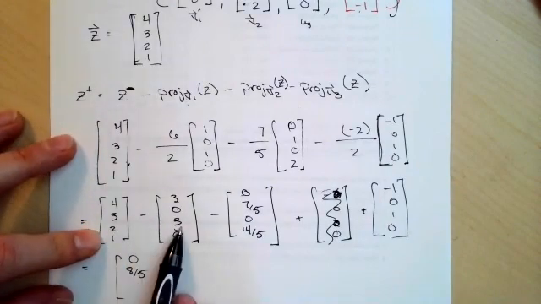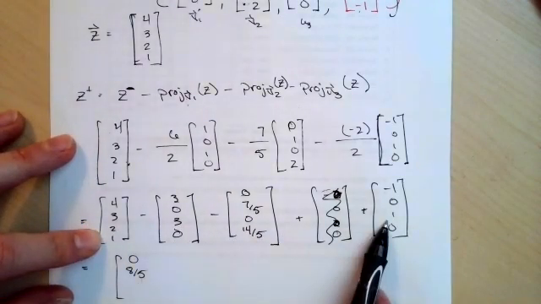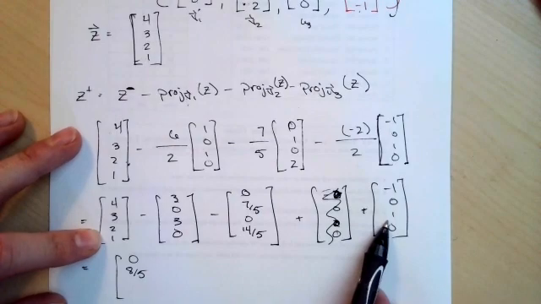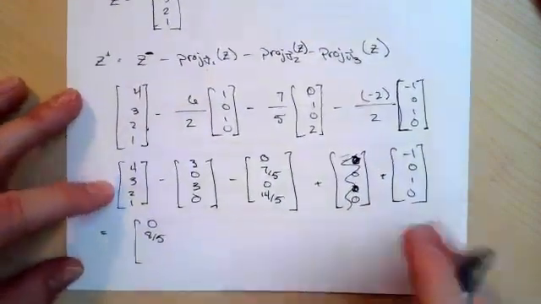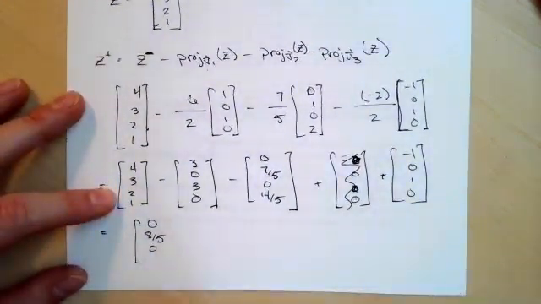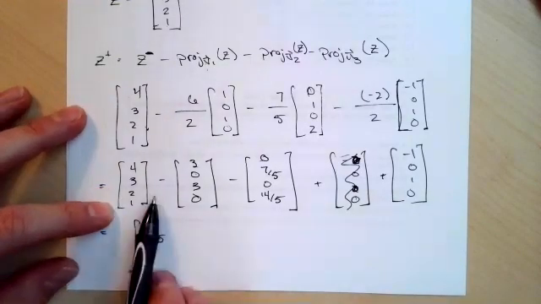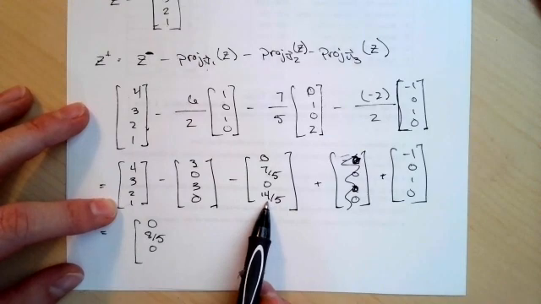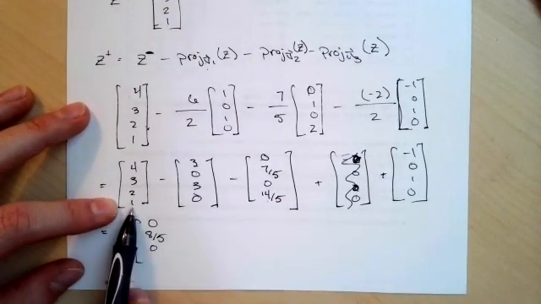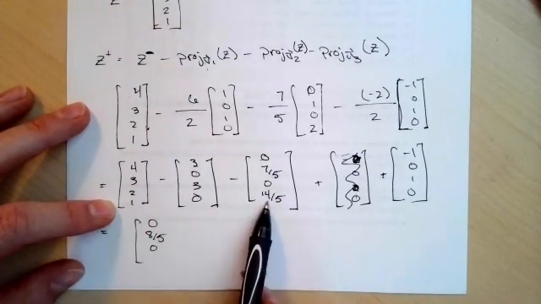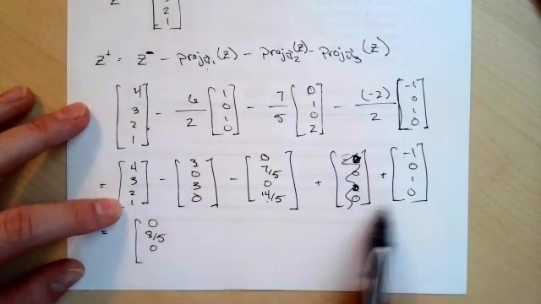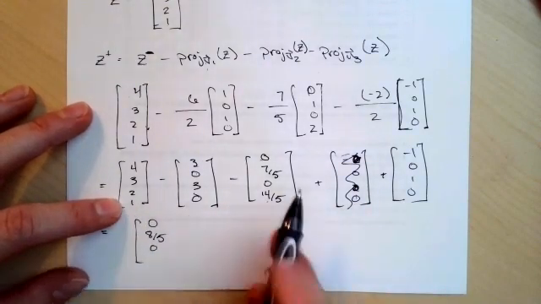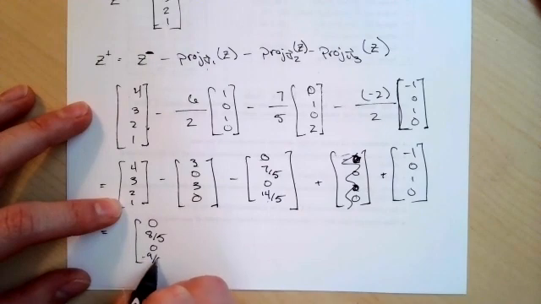Third row, we've got 2 minus 3 plus 1, which gives us that 0. And then 1 minus 0 minus 14/5. So 1 is 5/5 minus 14/5, and then 0. So that'll give us -9/5.